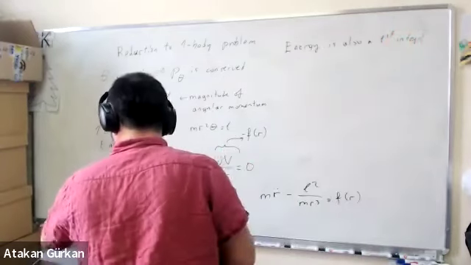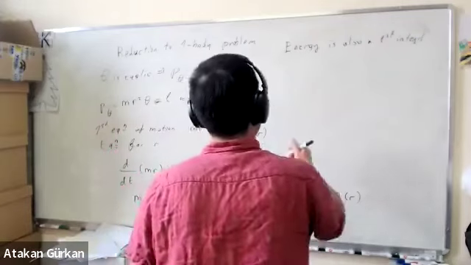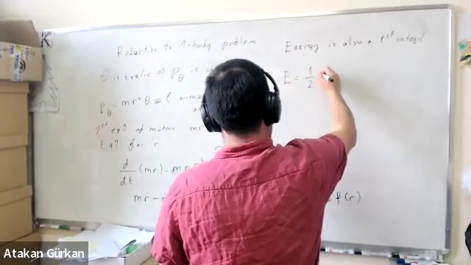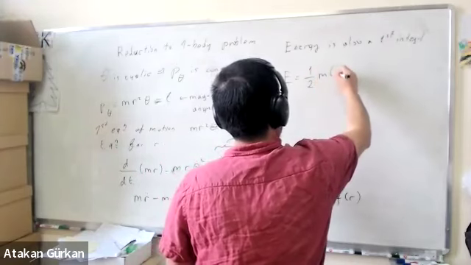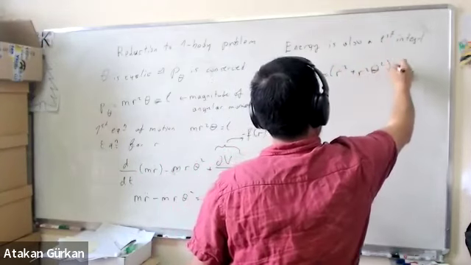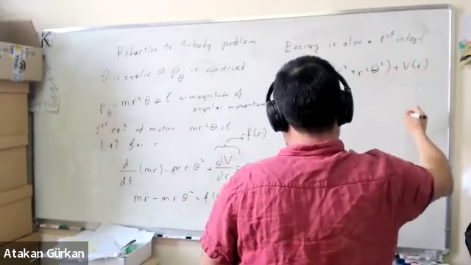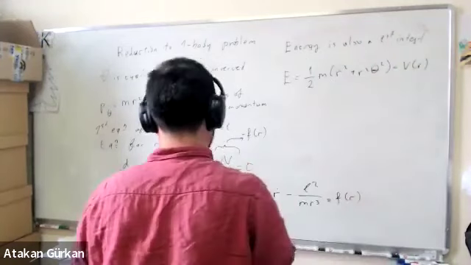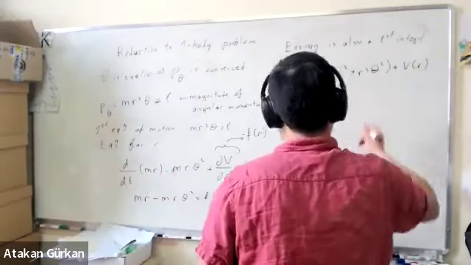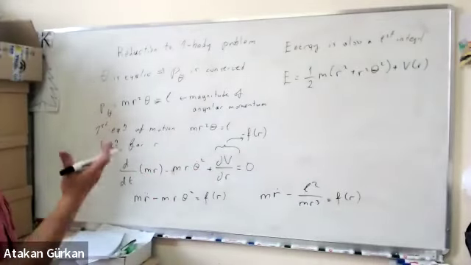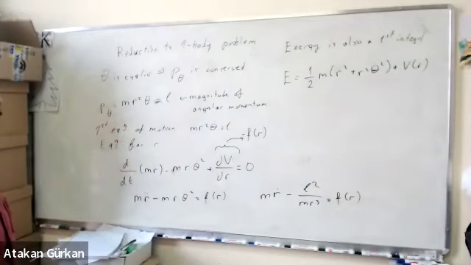The equation for energy: r dot squared, plus, this is the energy, it's T plus V.